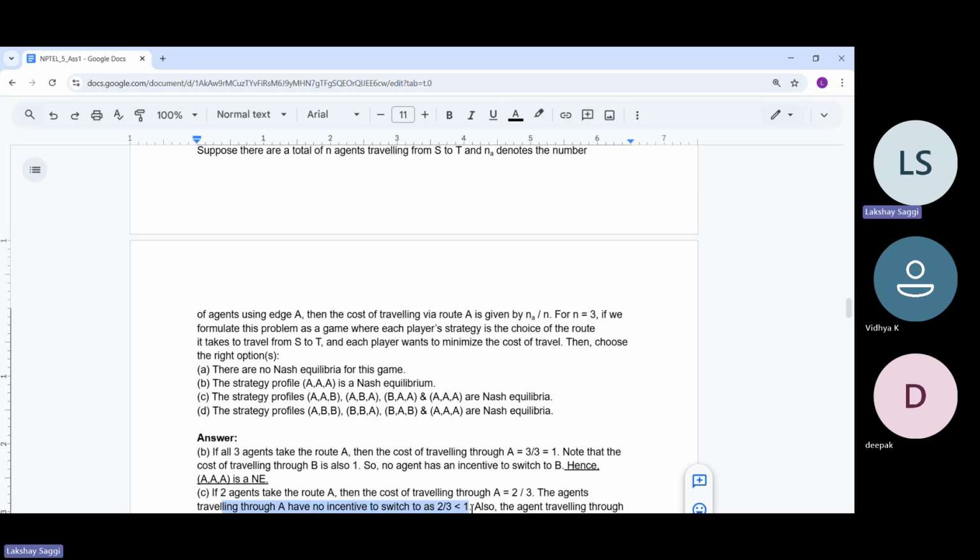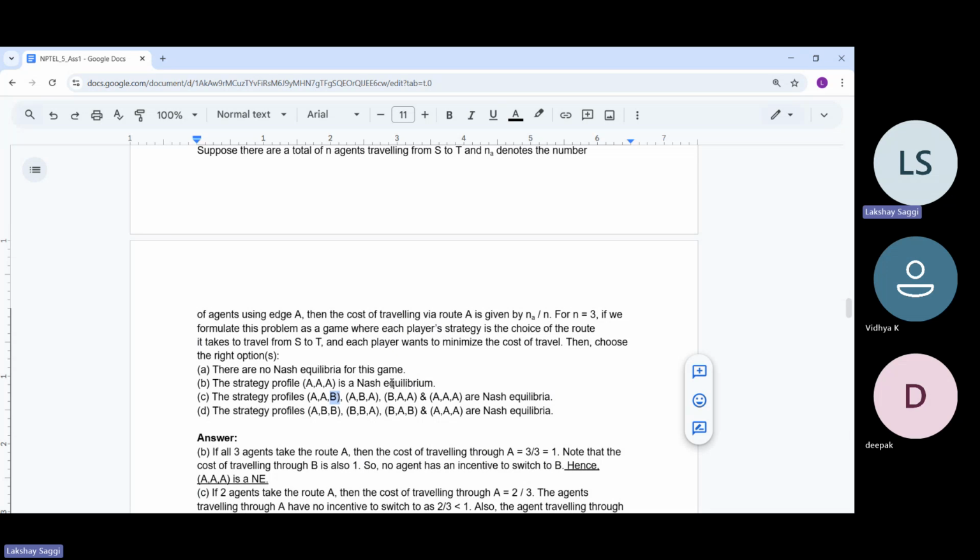And now let's consider the third agent, the agent who's traveling through B. Will he have an incentive to switch or not? That agent is currently paying a cost equal to 1. But what happens if that agent also switches to A? The initial two were anyway traveling through A, and now the third person also switches, so he's also traveling through A. The fraction of people traveling through A becomes equal to 3 by 3, which is 1.